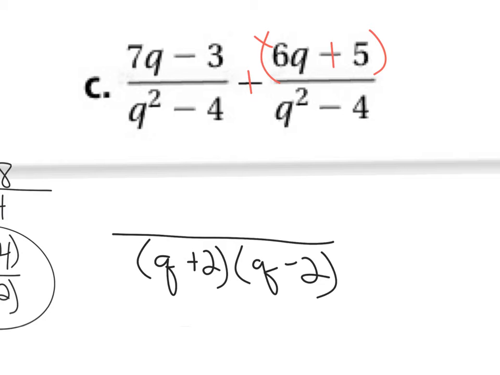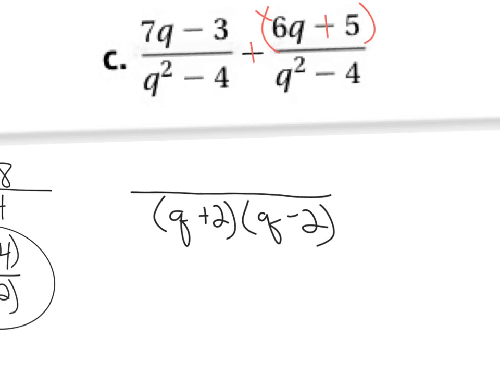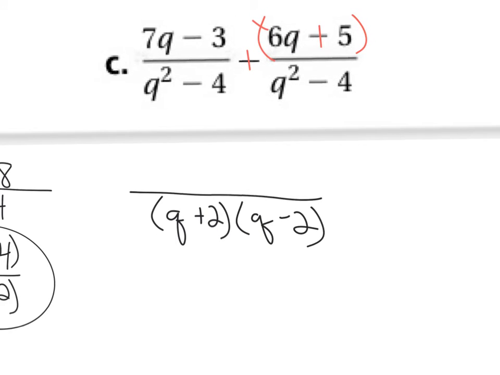If you want to wait one more step, because it's less writing to do q squared minus 4, you can just wait on that. But like I said, good chances that they did that for a reason, because that's going to cancel out somehow later. So with the numerator, that ends up as q plus 2, or 1q plus 2.